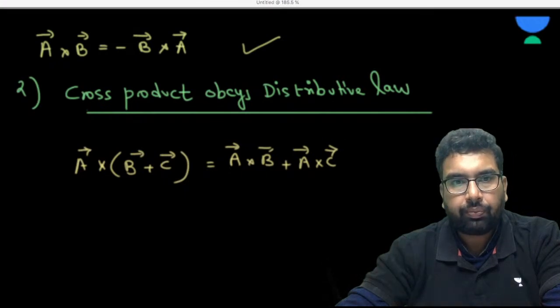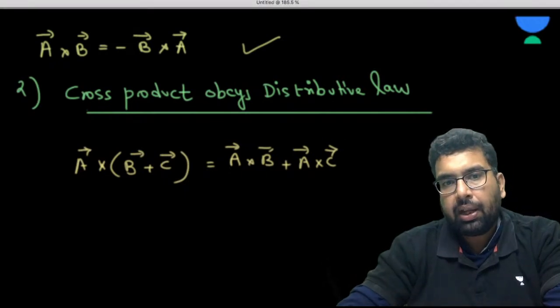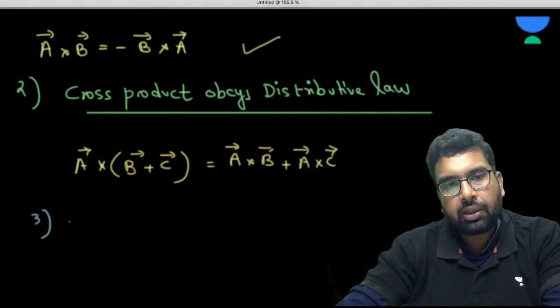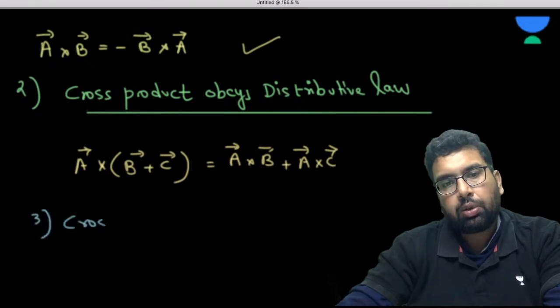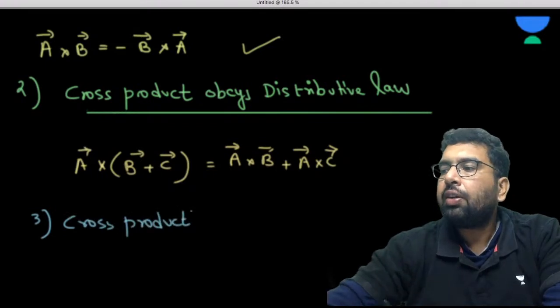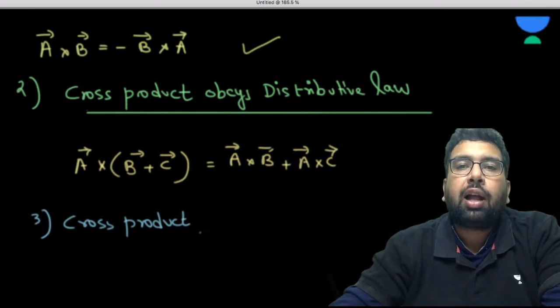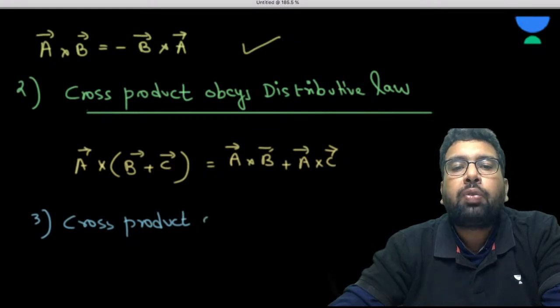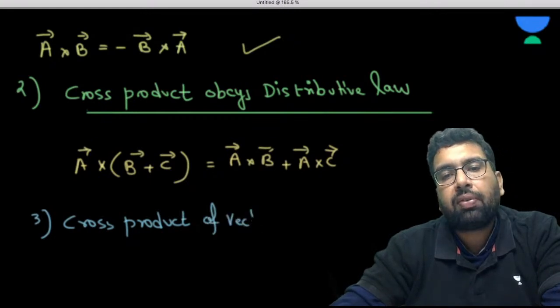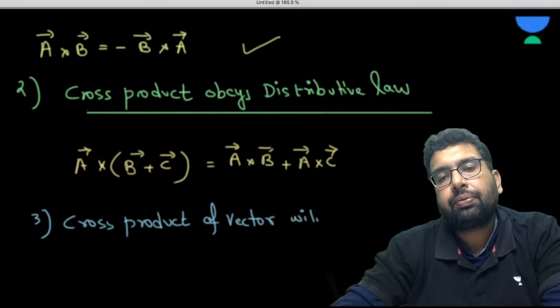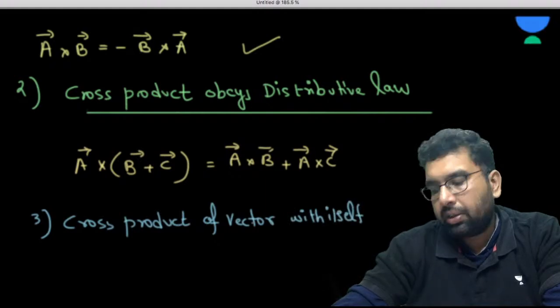Okay, very, very simple. And the third property: in the dot product, the dot product of a vector with itself was 1, I dot I becomes 1, right? But the cross product of a vector with itself is 0.